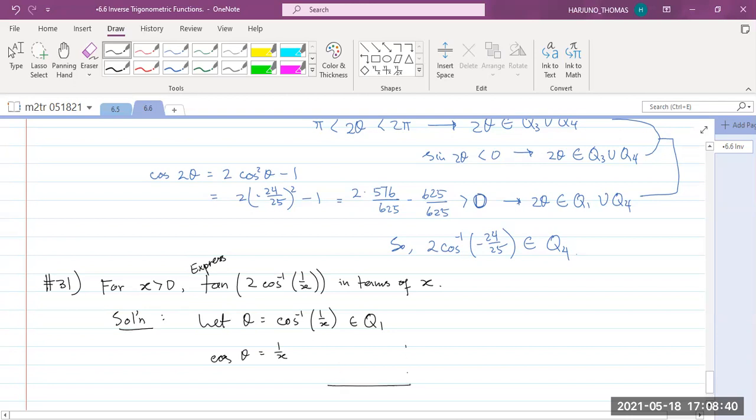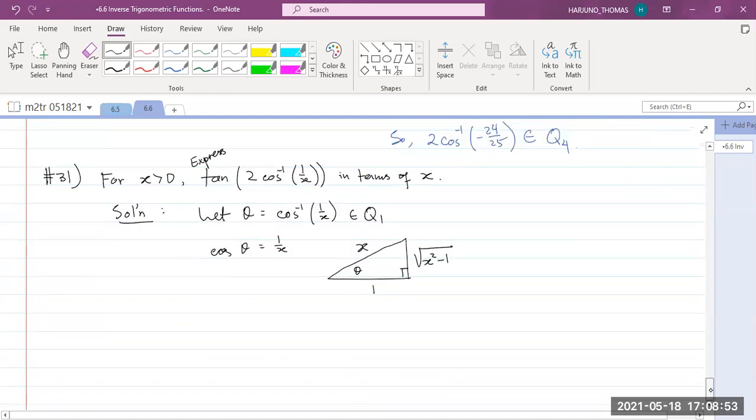Draw the right triangle. With cosine theta equal to 1 over x, the opposite side is square root of x squared minus 1. Now tangent of 2 cosine inverse of 1 over x, using that substitution, is equal to tangent 2 theta, which is 2 tangent theta over 1 minus tangent squared theta.